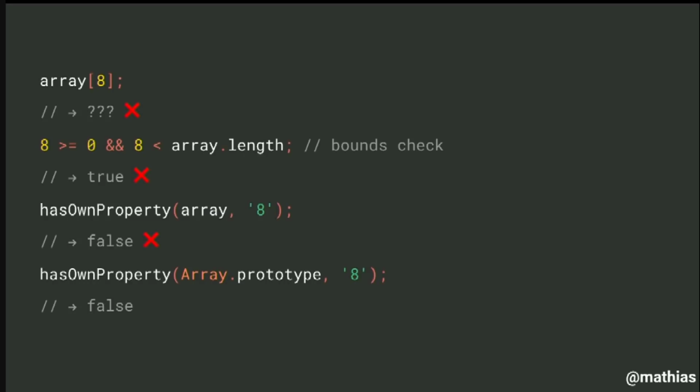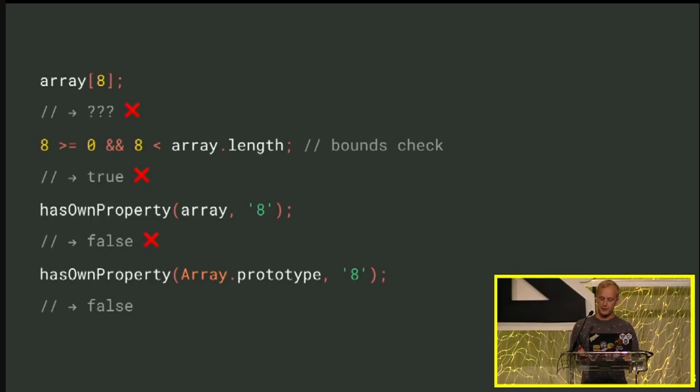Now, because the property is not present on the array itself, V8 has to go up the prototype chain until either a value is found or the prototype chain ends. And first, it checks array.prototype, because that's the prototype of any array. And we find that it doesn't have this property named 8 on it. So at this point, we still do not know what the answer is. We have to continue to follow the prototype chain. And the prototype of array prototype is object prototype.